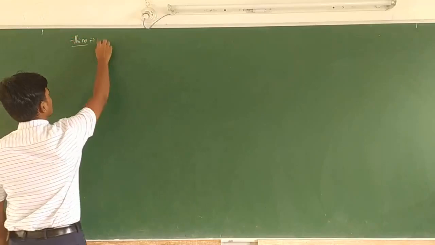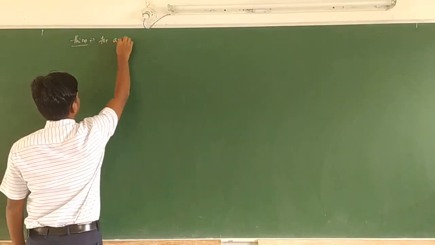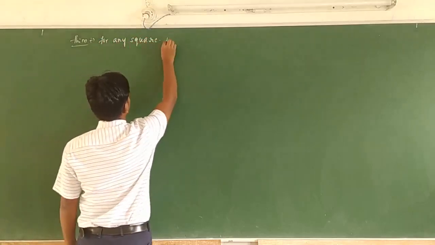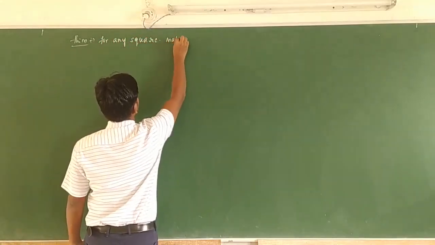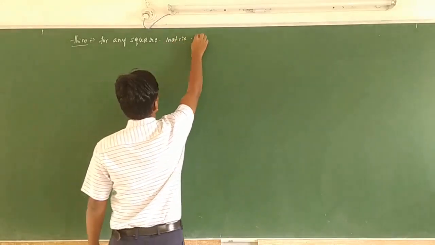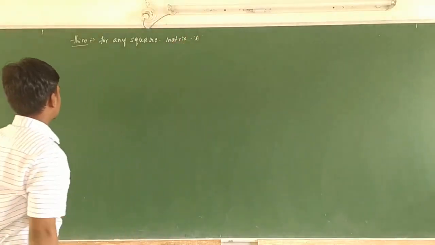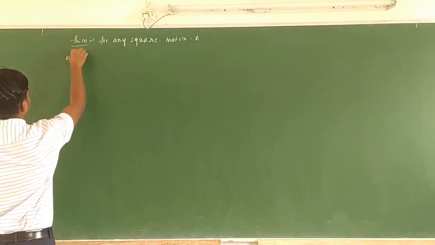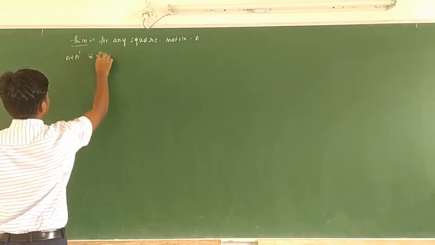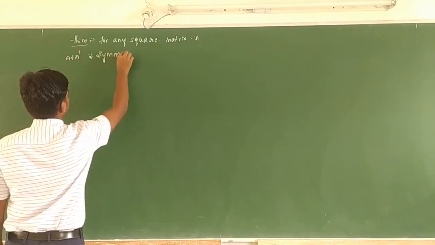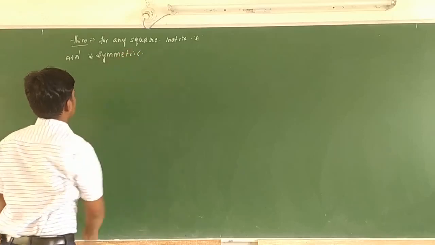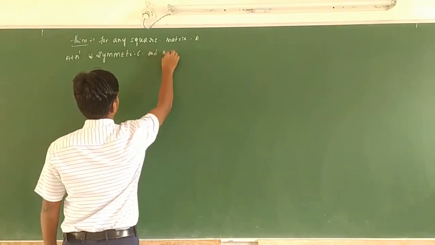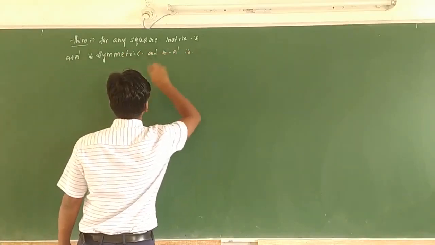For any square matrix A, A plus A transpose is symmetric, and A minus A transpose is skew symmetric.